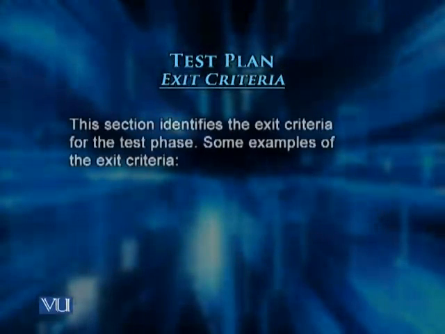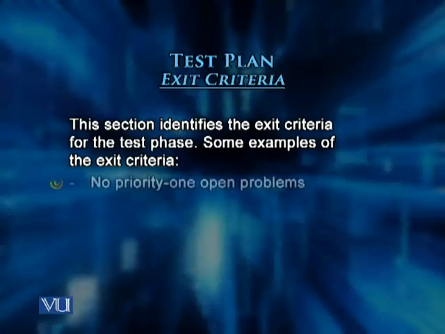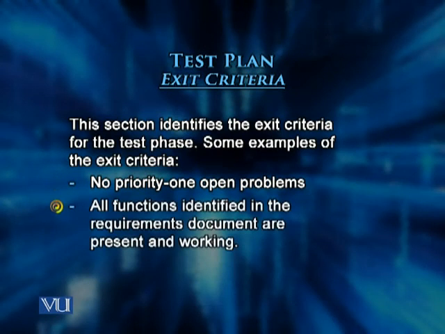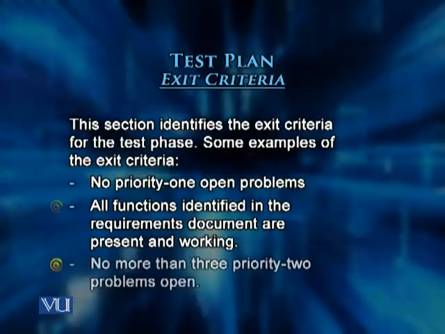And finally, you have the exit criteria. This section identifies the exit criteria for the test phase. Some examples of the exit criteria include no priority 1 open problems, all functions identified in the requirements document are present and working, and no more than 3 priority 2 problems open and needing to be closed.